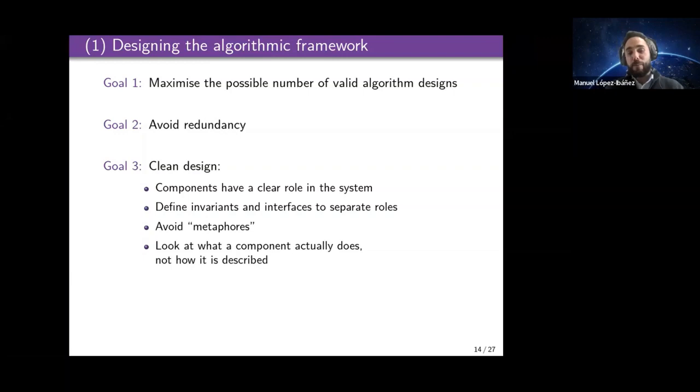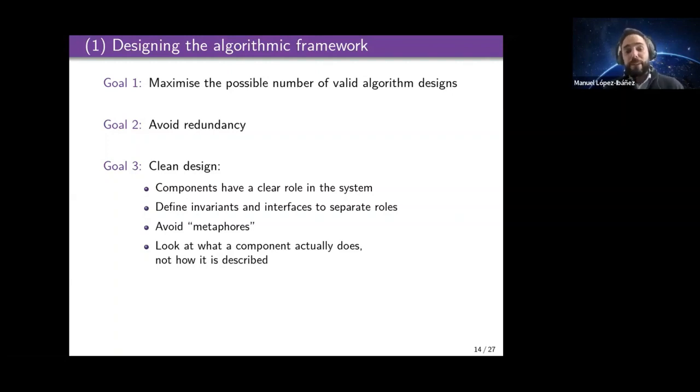But you want to maximize the number of possible valid algorithm designs because you want your framework to be flexible and to be able to apply to different application scenarios. On the other hand, you want to avoid redundancy. You don't want to have the same component under 2 different names, or you don't want to have combinations of components lead to the same exact process than a different combination.